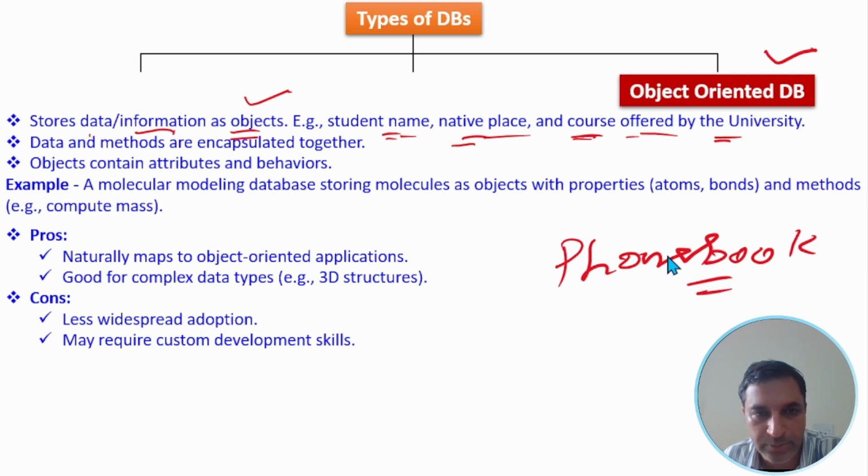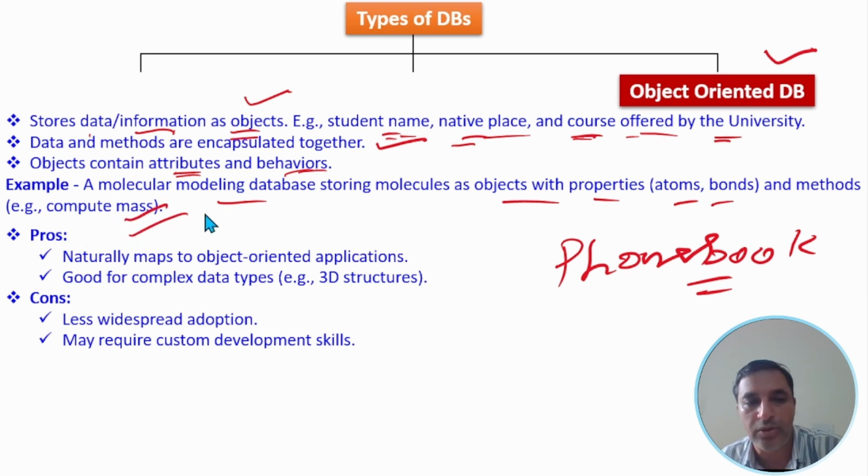Herein, data and methods are encapsulated together, and the objects contain attributes or fields and their behaviors. Another example could be a molecular modeling database which stores molecules as objects with certain properties such as atoms or bonds, and the methods used for computing masses of those atoms or molecules.